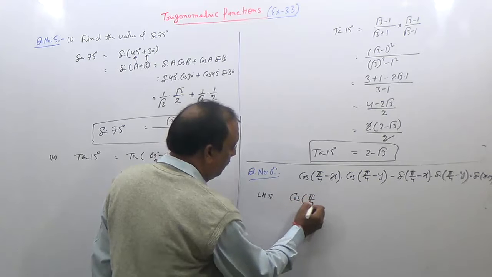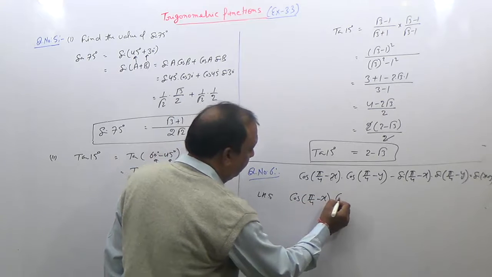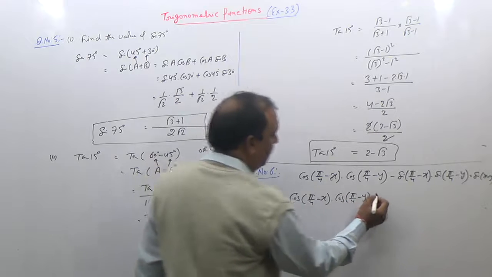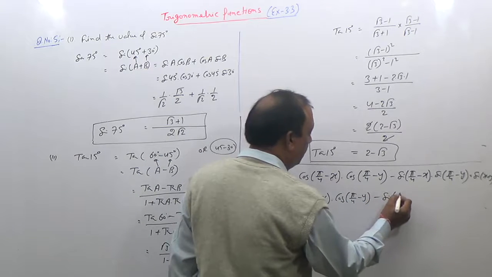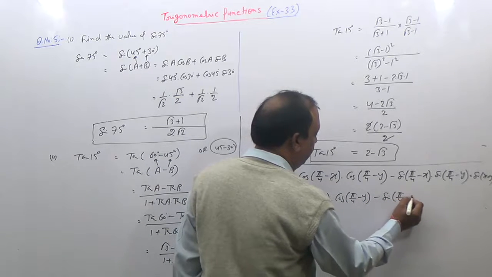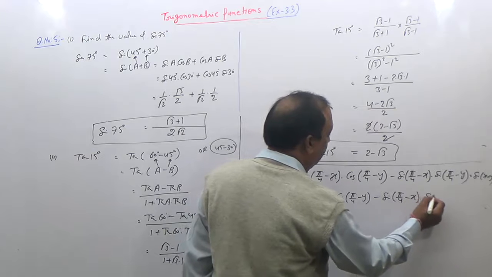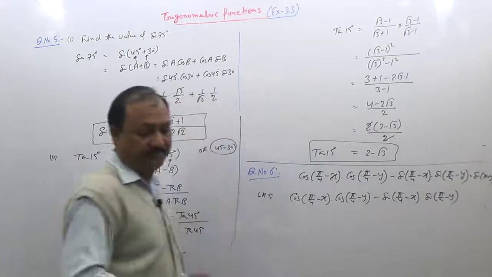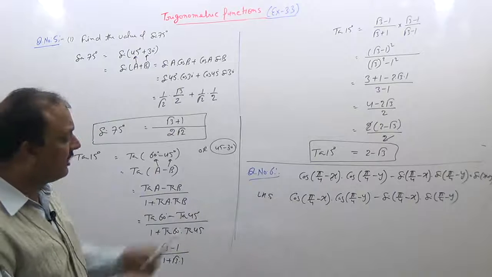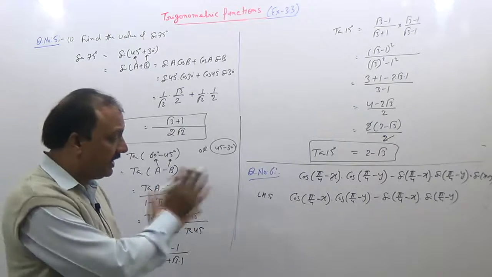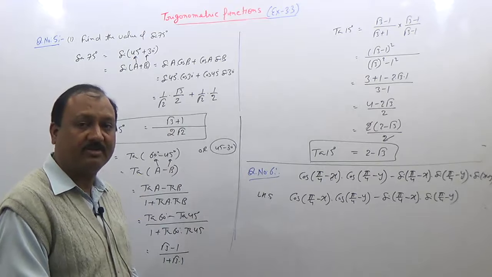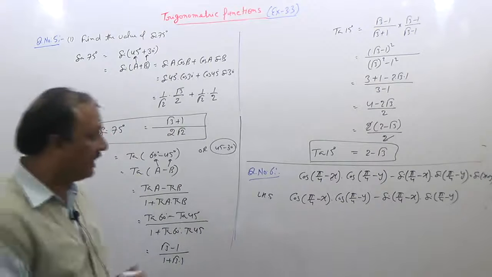There are two types of angles which are repeated in cos and sin. One angle is π/4 − x, the second angle is π/4 − y.